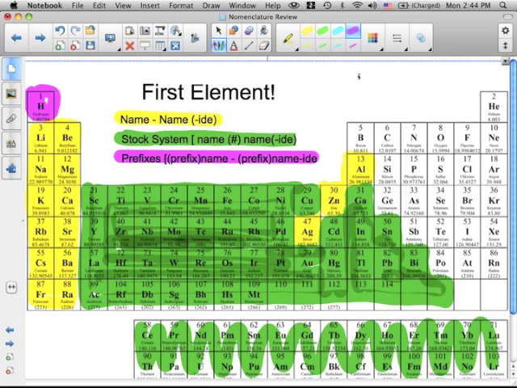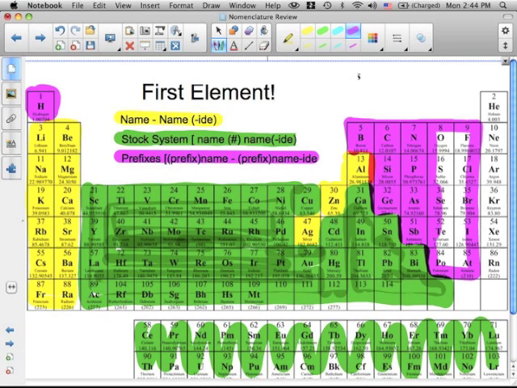Hydrogen, now notice I'm also highlighting the metalloids. The metalloids are typically named like nonmetals, although sometimes they are named with Stock system Roman numerals, and that's fine.